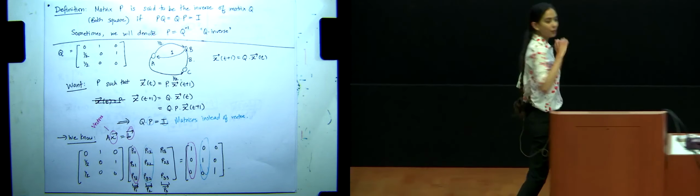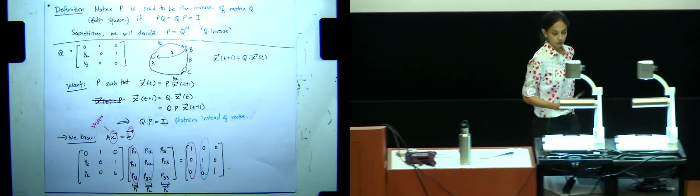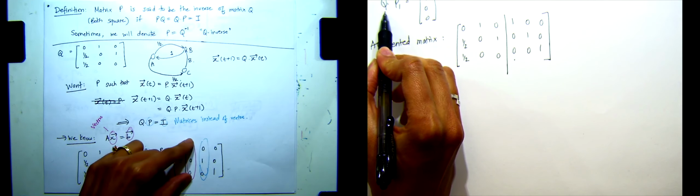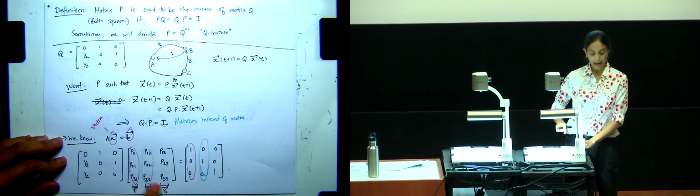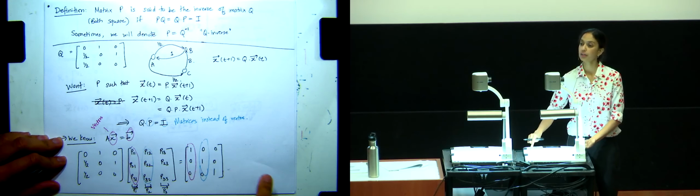Excellent question, right? Why do we have 3 columns here? So the first column represents the equation Q times P1 equal to the first column of the identity. When I do matrix-matrix multiplication, remember I can do it as a stack of matrix-vector multiplications.